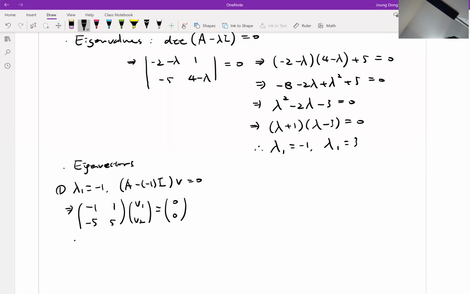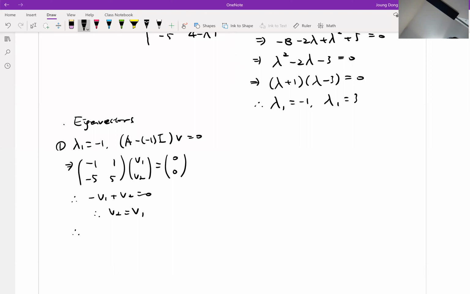Then we can easily find negative v1 plus v2 equals 0. In other words, v2 is equal to v1. Then my first eigenvector is 1, 1. Am I doing right? Did I make a mistake? Oh, that's it, right?